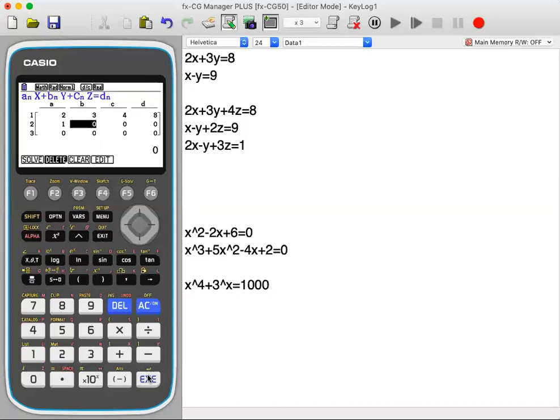In the same way, enter the other rows with their coefficients: 2, -1, and 3, and 1. Now once we execute it, you can clearly see these are the x, y, and z values.